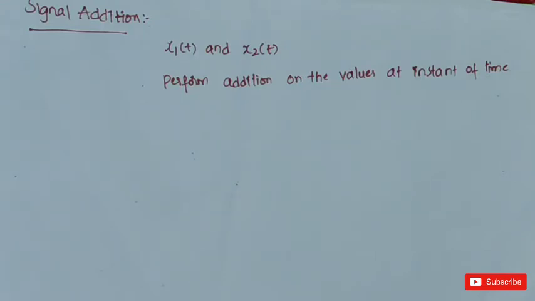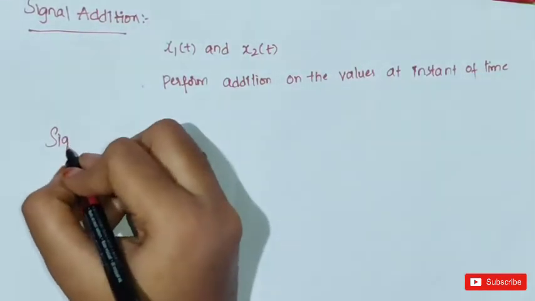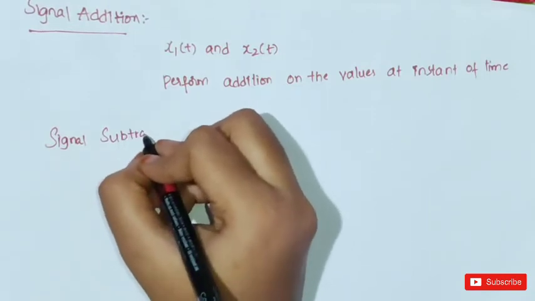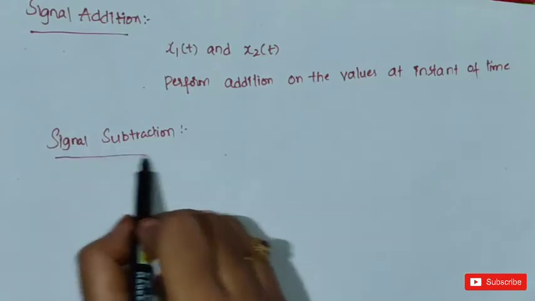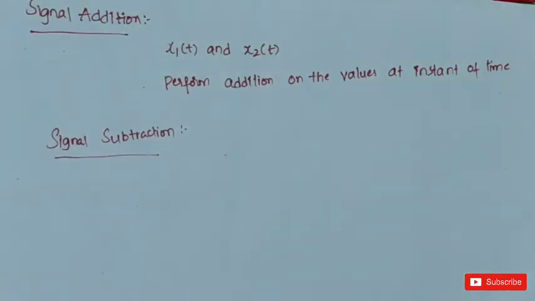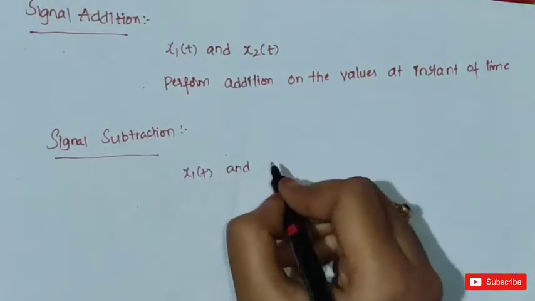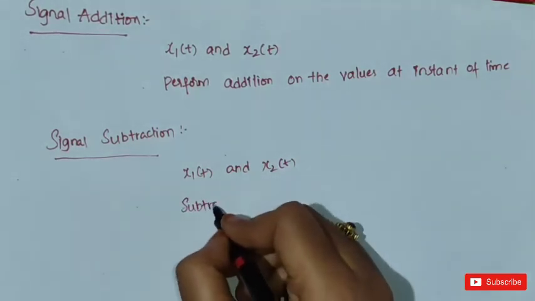In the same way, we can also perform signal subtraction. But in signal subtraction, we need to subtract the corresponding values of both the signals x1 of t and x2 of t.